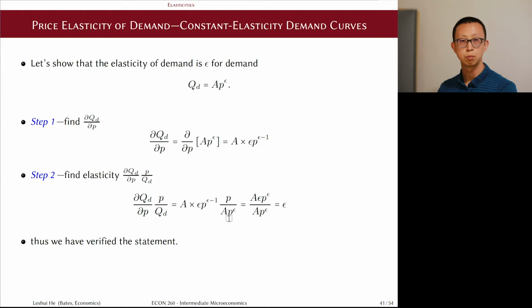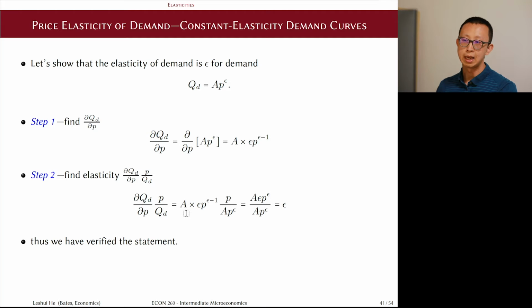Instead, we're going to plug in the definition of QD, which is A times P to the power of epsilon, down here into the position of QD. Second of all, we notice that we can collect terms because we have P to the power of 1 here and P to the power of epsilon minus 1 here. So combining these two terms, we're going to have P to the power of epsilon.